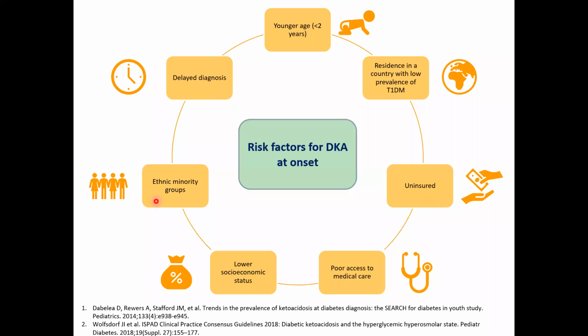And then delay in diagnosis, or patients who have had symptoms for a very long time before presenting to hospital, are more likely to present with DKA. And I already alluded to the fact that residents in a country with low prevalence of type 1 diabetes is a risk factor for DKA. So the answer to that poll is actually age younger than 2 years.